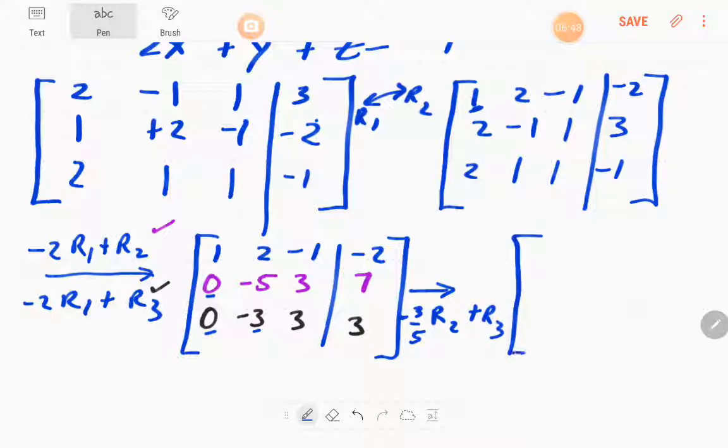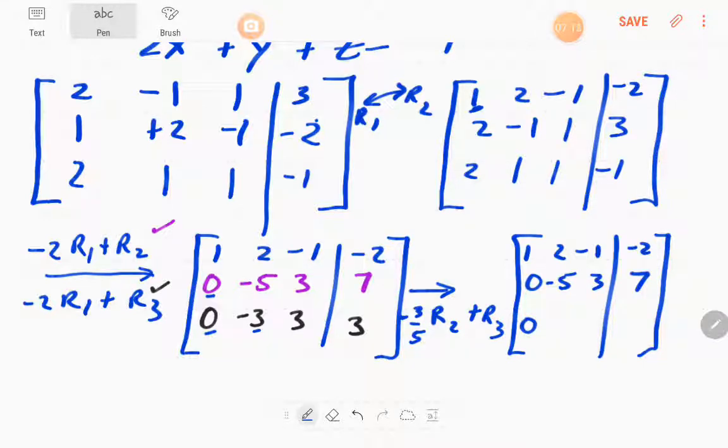So the first row is going to stay the same. The second row will stay the same. But now the third row, minus 3/5 times 0 plus 0 is 0. Minus 3/5 times minus 5 becomes plus 3. And plus 3 and minus 3 becomes 0.